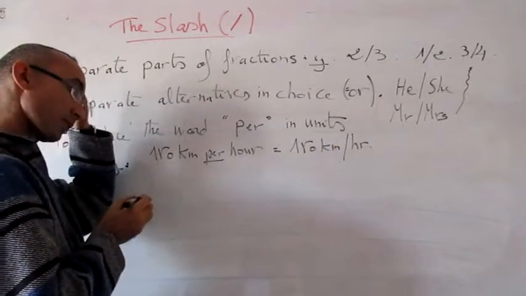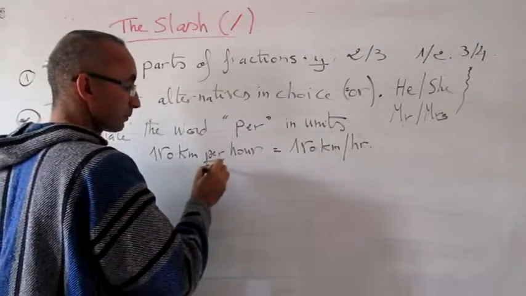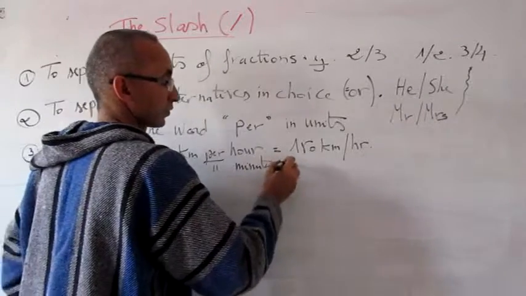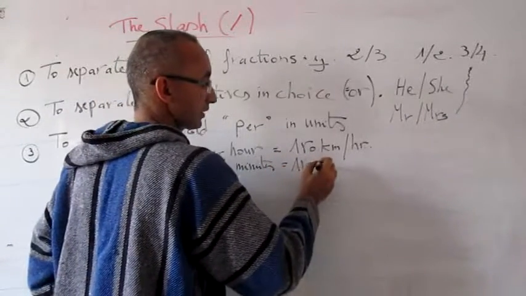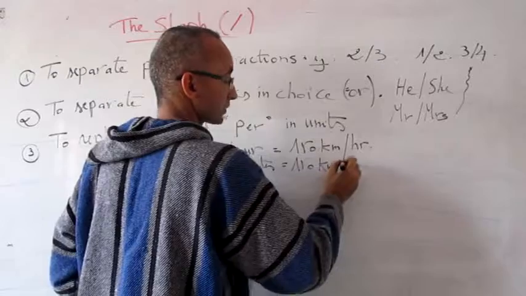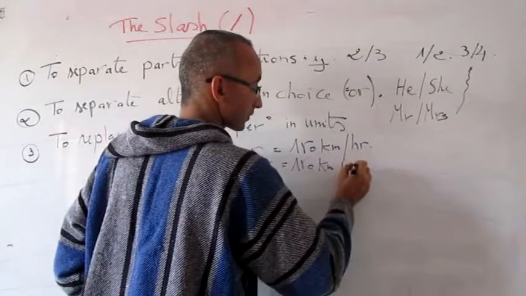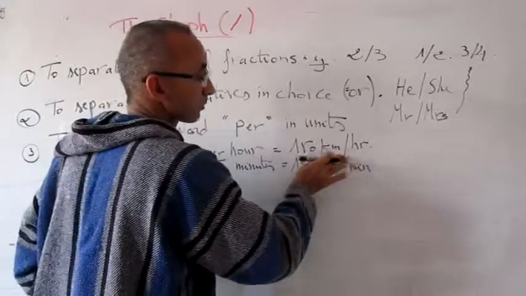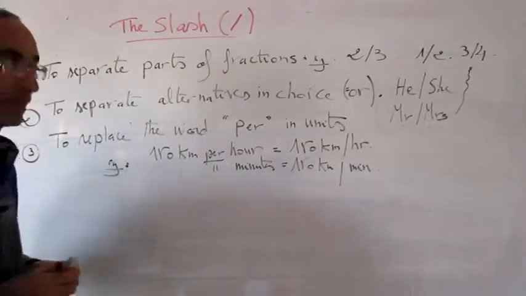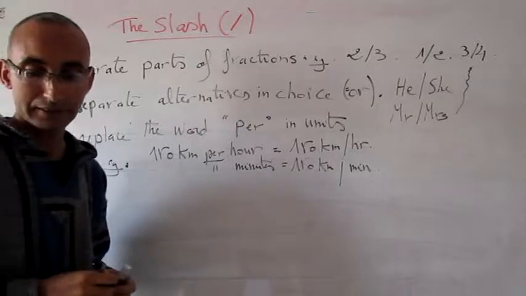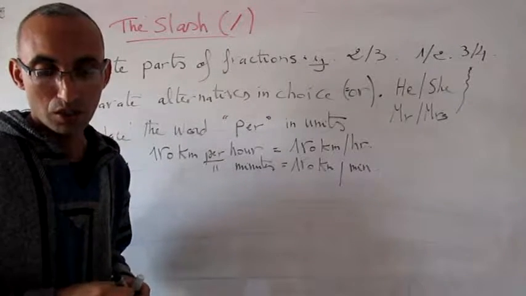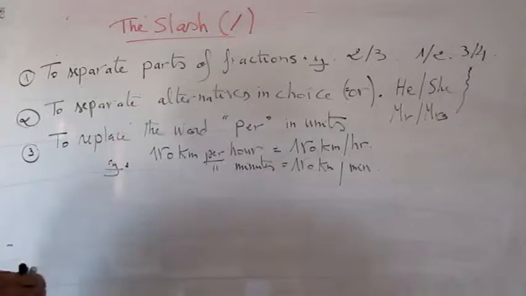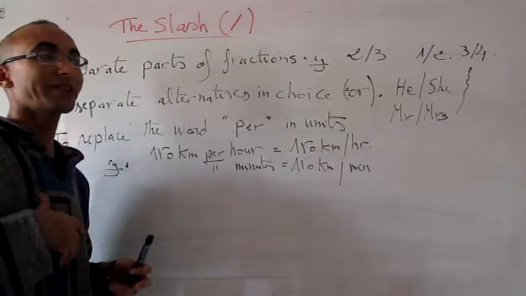Or also, for example, per minute. Example, per minute, it equals 50 kilometers, slash, and we write this abbreviation. Here the slash replaces the word per. Clear? Good.